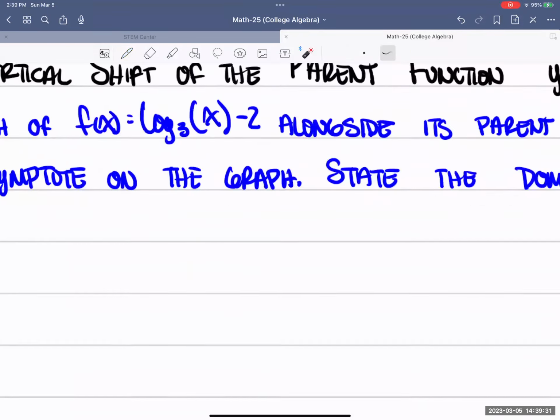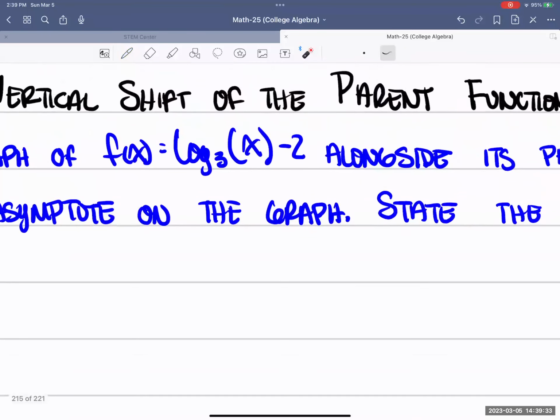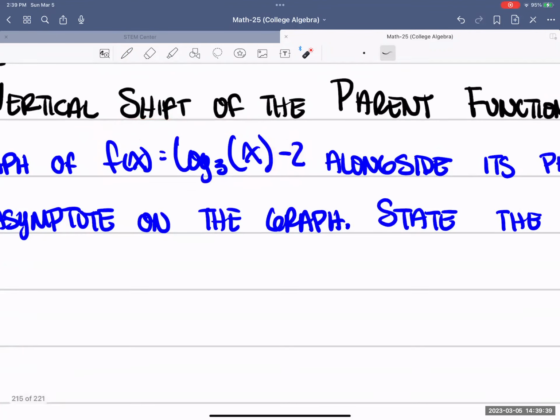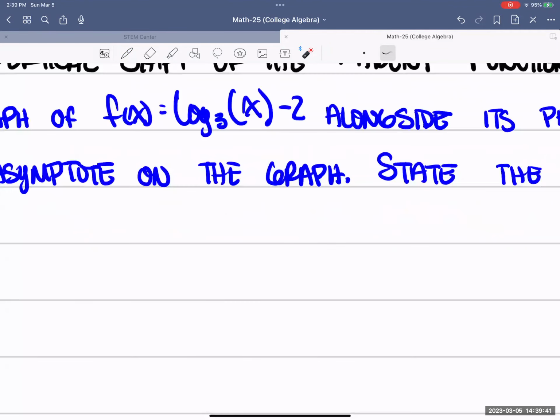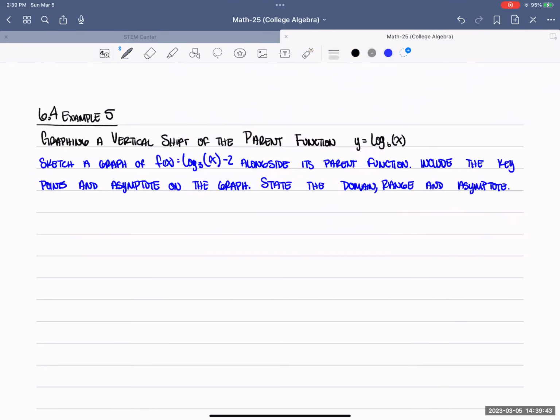So we have our graph f of x is equal to log base 3 of x minus 2. This here is the parent function without any shifts or translations. So let's see what that looks like really quick. We'll say p of x, the parent function, is equal to log base 3 of just simply x.